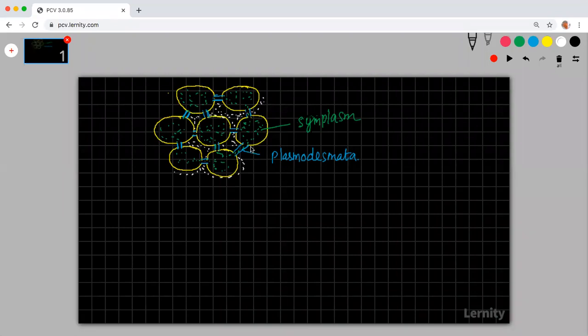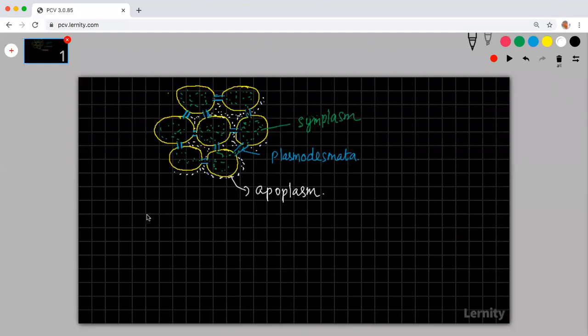The one which is there outside is what we call as apoplasm. So basically you see here, you have two types of fluids which are connected here.